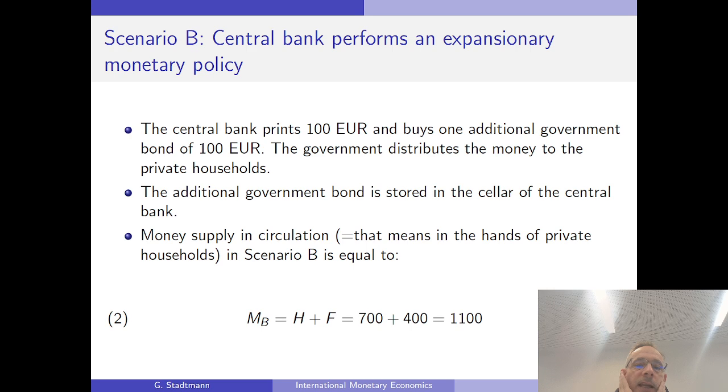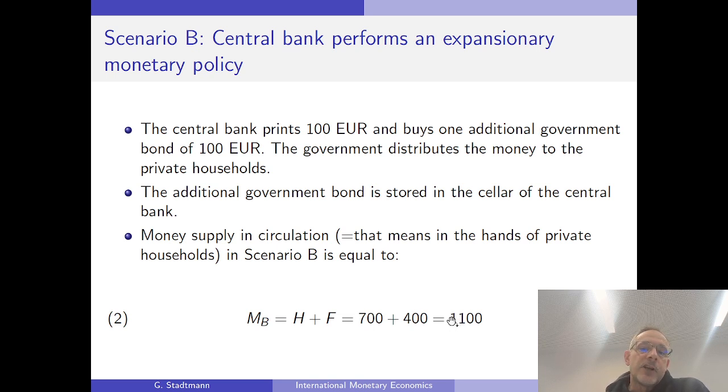So money supply in circulation in scenario B is equal to the home component plus the foreign component. It's 700 plus 400 units, so 1,100 units.